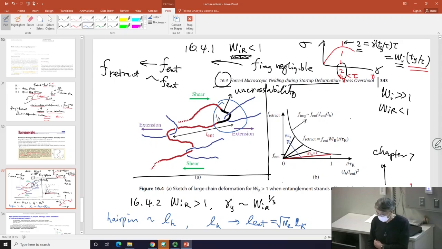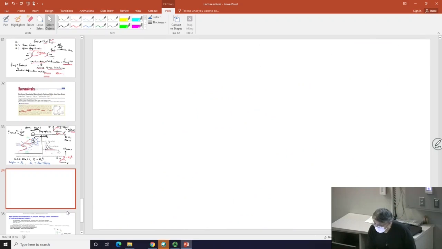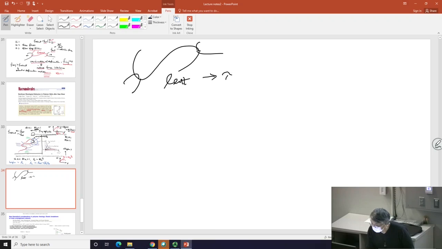So that would involve the entire strand. The assumption I can make is that the strand is relaxing on the scale of tau R. So that was the conjecture, the insight we had.